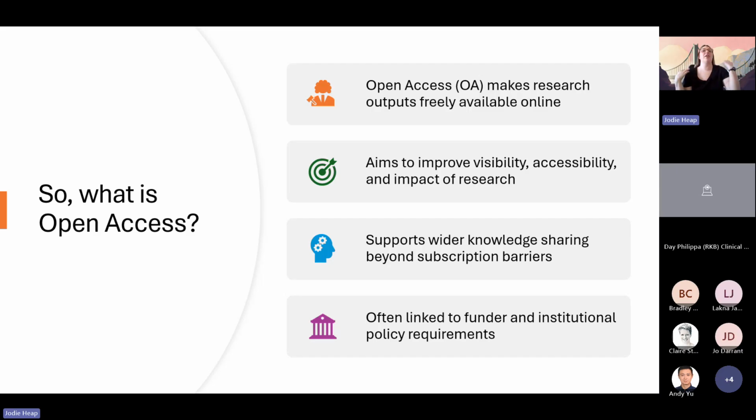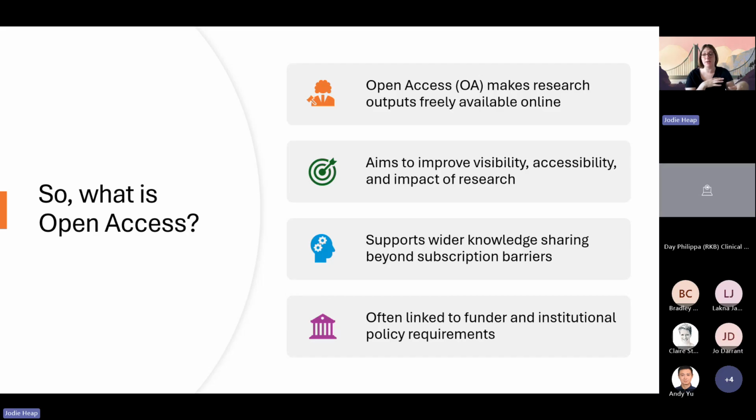If anyone has ever heard of the Research Excellence Framework, the REF, that's very much centered on what impact your research has had. Is it world-changing research, which would be lovely, but not everything can be, but there's a scale there. Anyway, what it does is it supports wider knowledge sharing beyond just subscription barriers.